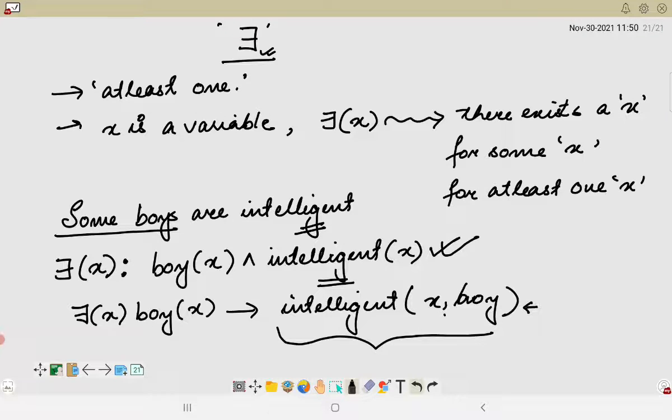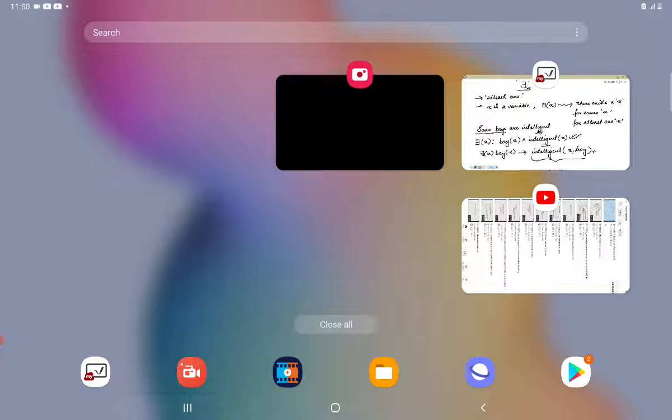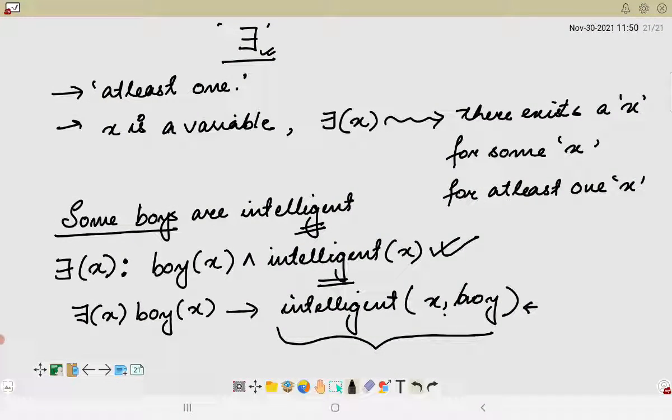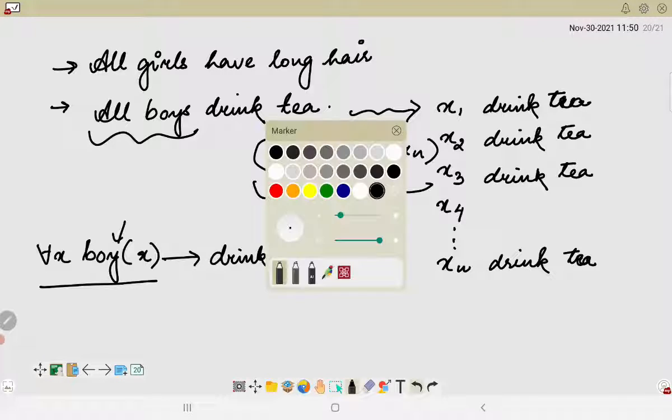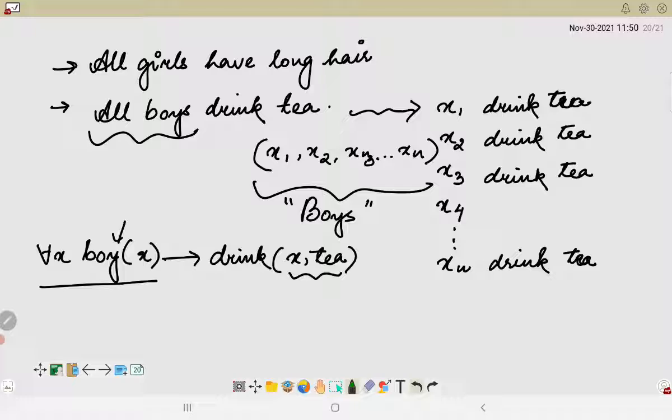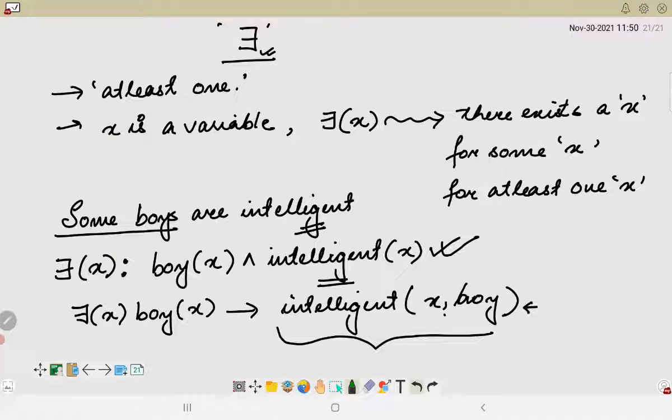Okay, the next thing we have to remember is that the main connective for the universal quantifier is implication. So when we are considering this, the main connector between the statements is basically the implication symbol, and the main connective for the existential quantifier is basically the and symbol.